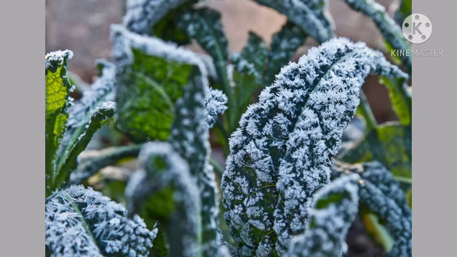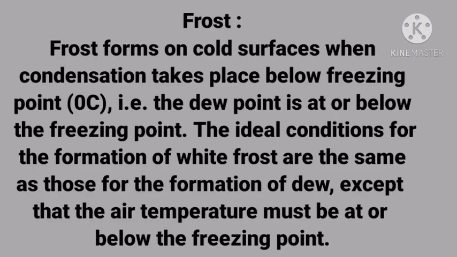Now let's see next is frost. What is frost? The particles of frozen moisture formed on the earth's surface when the air temperature has fallen to or below 0 degrees centigrade. It is also known as an air temperature at or below 0 degrees centigrade, which causes water to freeze.